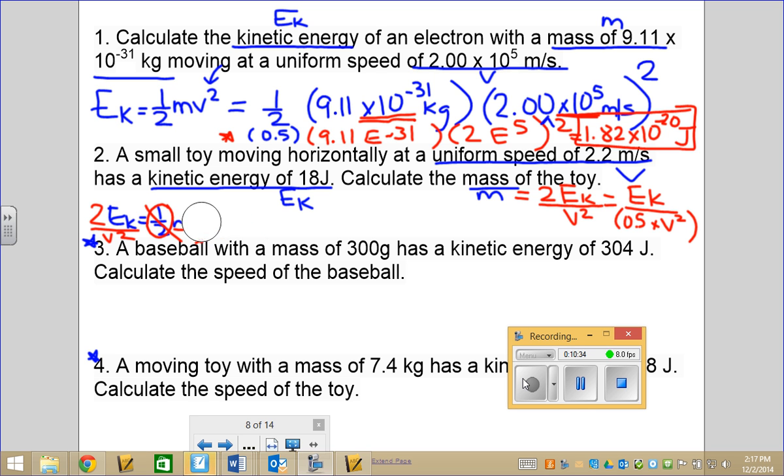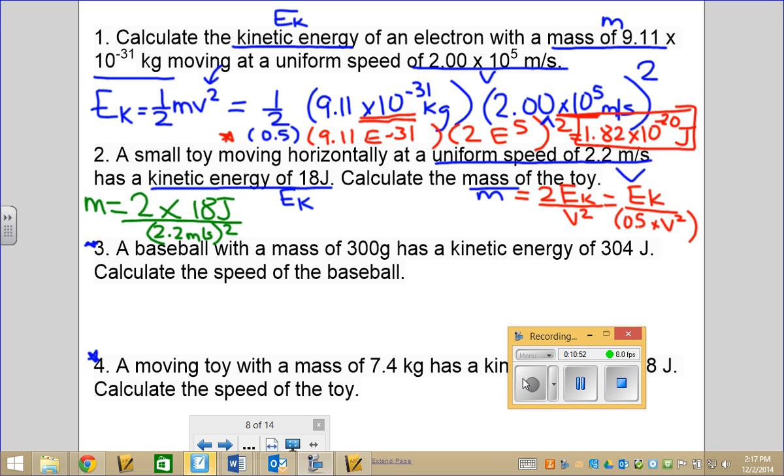So our calculation for the second one then would be that mass is 2 times 18 joules divided by 2.2 meters per second, and that has to be squared.